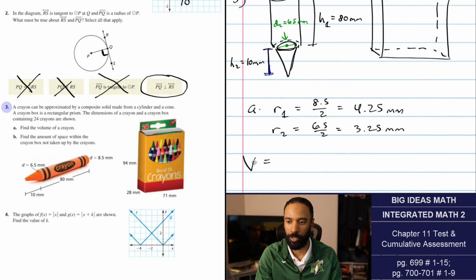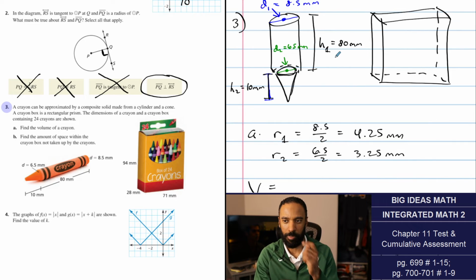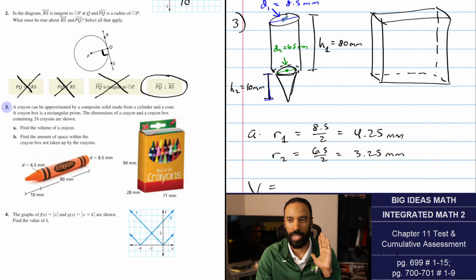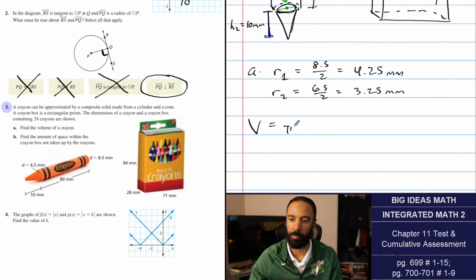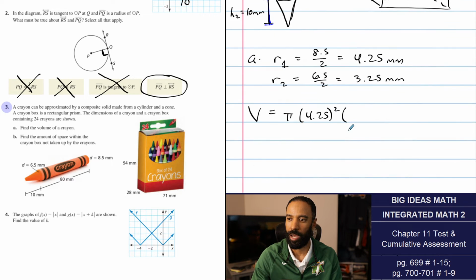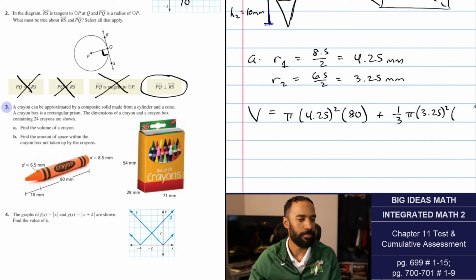So the volume of the total is going to be, and I'm going to be pretty straightforward with it, area of base times height for the volume of the cylinder. The area of the base is pi r squared times height, 80, plus the other one is a cone, 1/3 area of base, pi r squared times height.